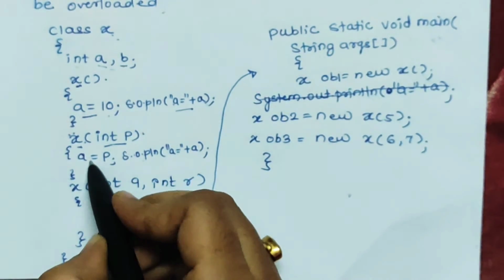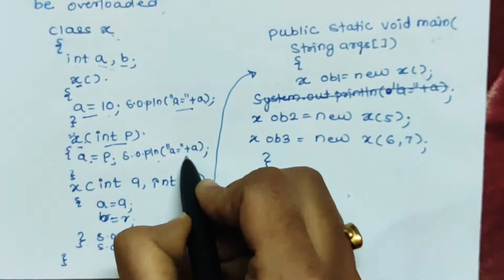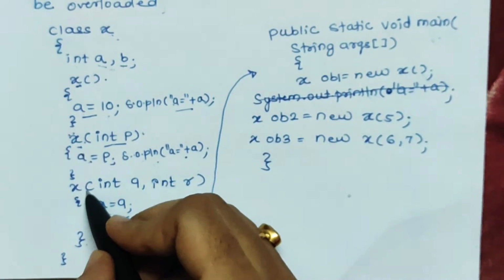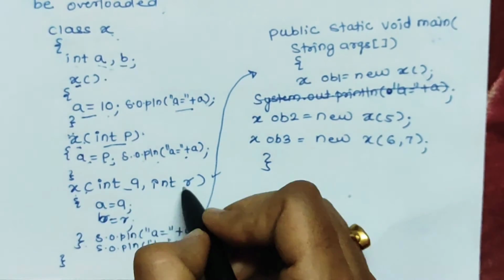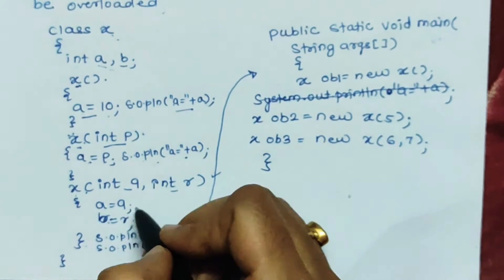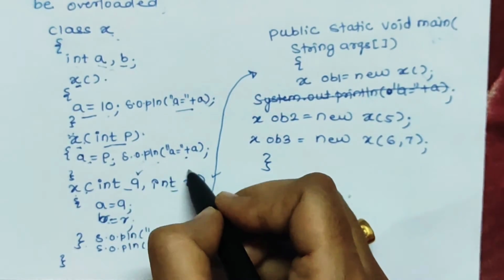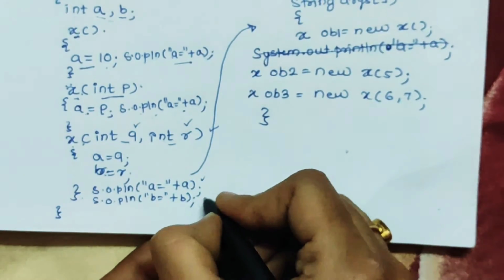Again, we have assigned A with value P and displayed the value of A here. Then next, this is also a parameterized constructor with two parameters, and we have displayed the values of A and B, which are received in parameters Q and R, with the help of the System.out.println statement.